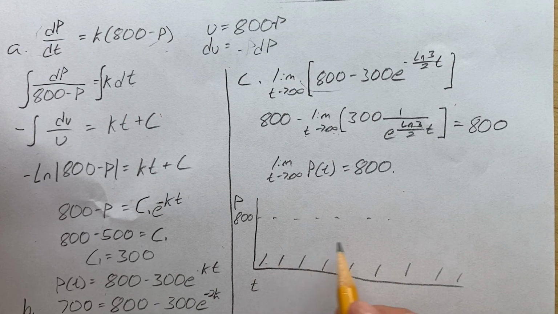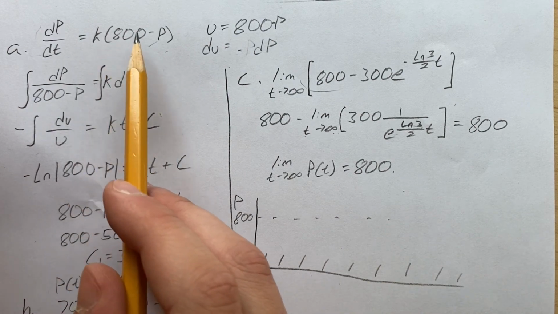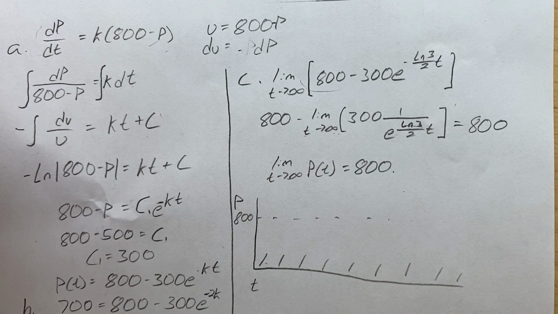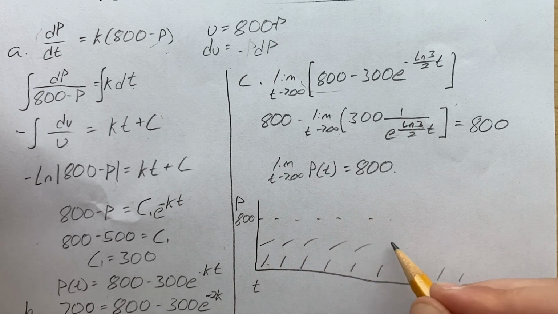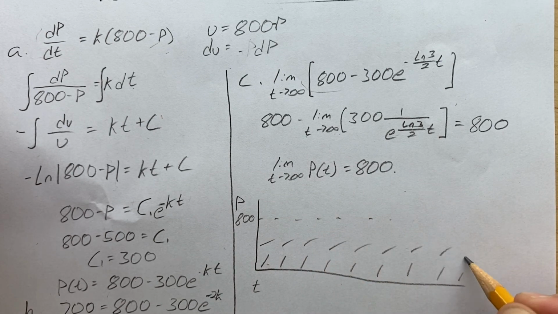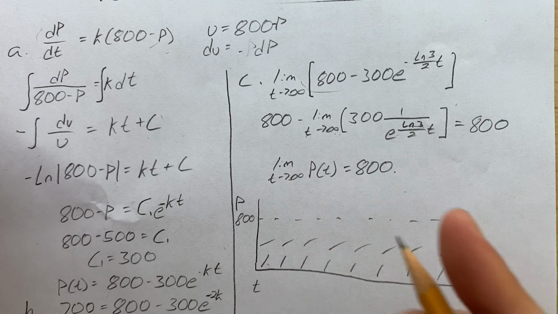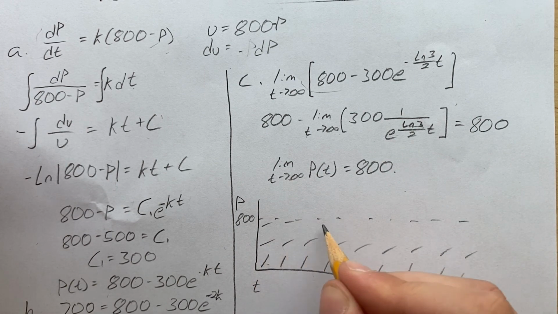Then, as you're closer to the middle, this 800 minus p term is going to look a lot more like 800 minus 400, and so you'll get k times 400. So it's going to be a lot more slanted along that section. And then, as p gets really, really close to 800, you're doing 800 minus roughly 800, and so the slope is going to be basically 0 as you're closing in there.